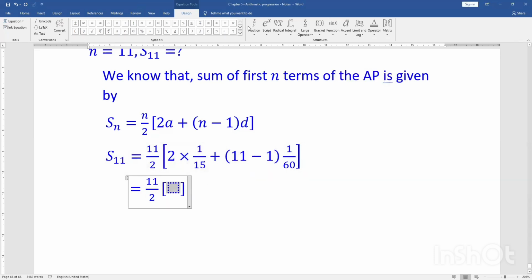In the bracket, I'm going to write 2 by 15. Then 11 minus 1 is 10, so 10 into 1 by 60 is 10 by 60.